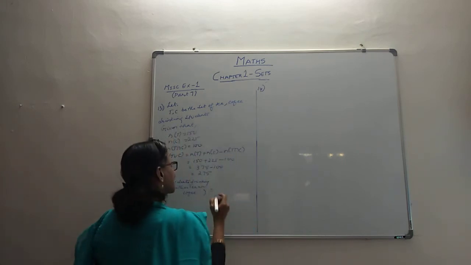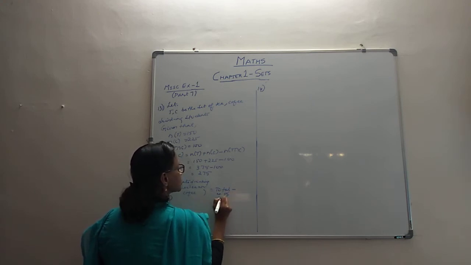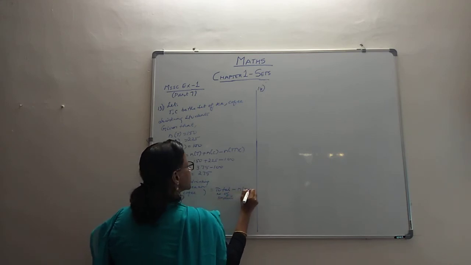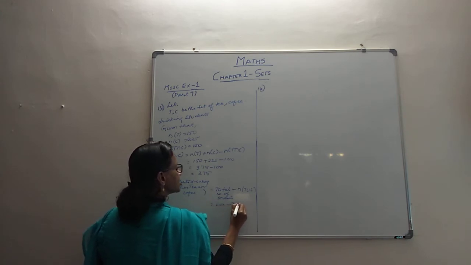So it is the total number of students minus T union C. This was 600 for us and this is 275.